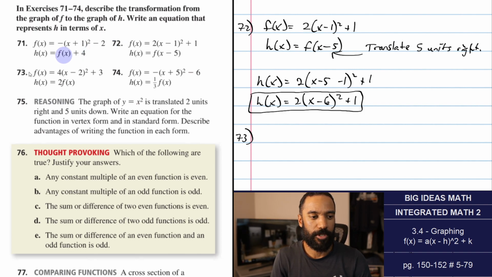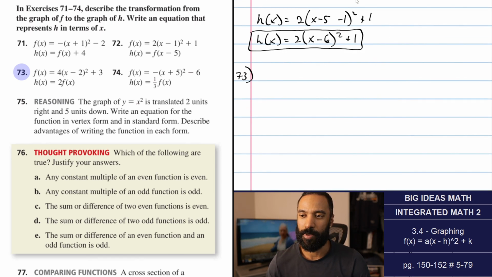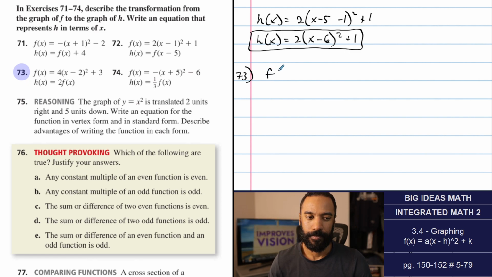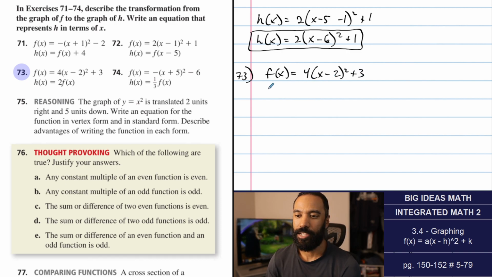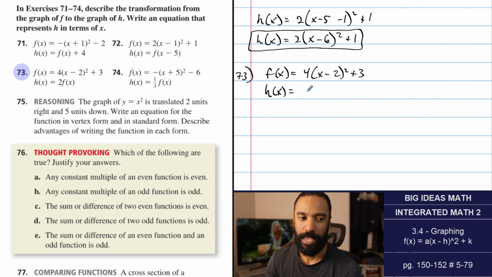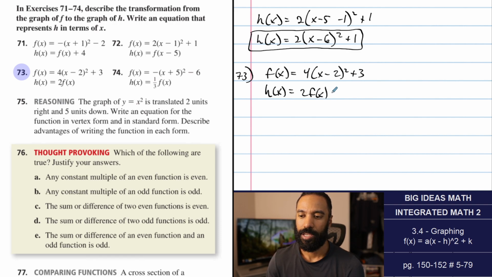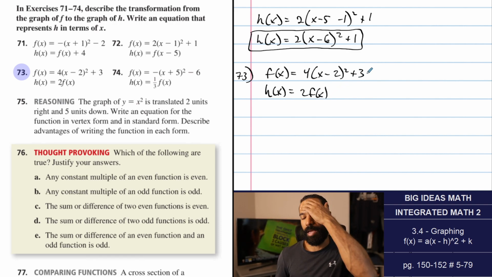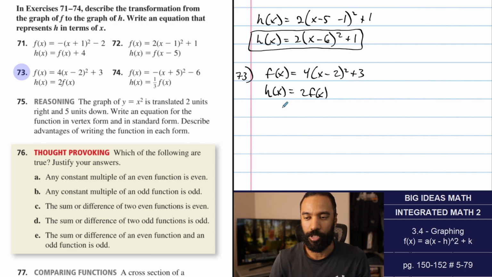2 more of those. Number 73, we get f of x equals 4 times (x minus 2) squared plus 3. And h of x is 2 times f of x. Now, I mentioned this one before. I have to make sure I describe the transformation properly.